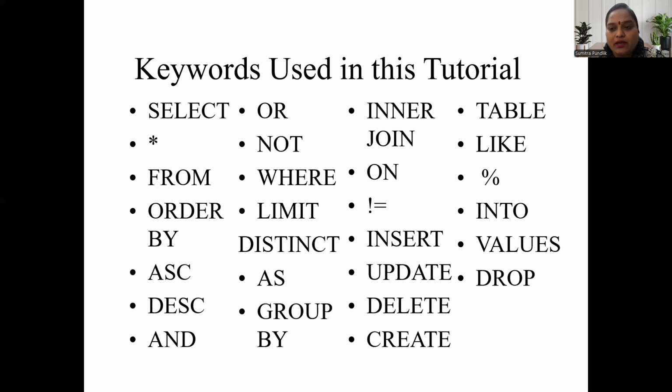Then we will be using where for condition, limit, distinct, then as, group by, inner join, on, not equal to. Then we will be using insert, update, delete, create. Then table, like, percent, into, values, and drop. These are the keywords that we are going to use when performing data manipulation language queries.